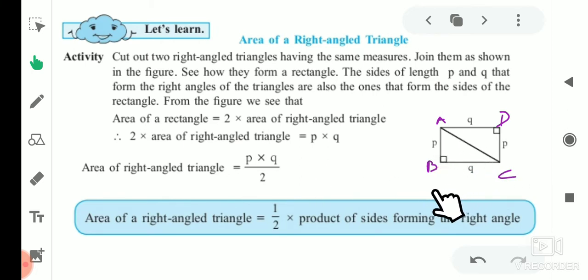Clear how this comes? Therefore from this we can find out the formula of area of a right angled triangle as half into product of the sides forming the right angle. These are the sides that form the right angled triangle in this triangle ABC, right? This is the hypotenuse AC, and this P and Q are the sides forming the right angle.